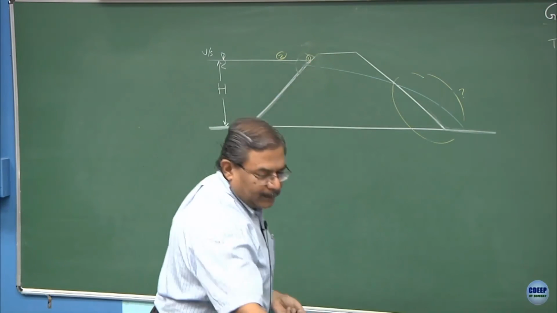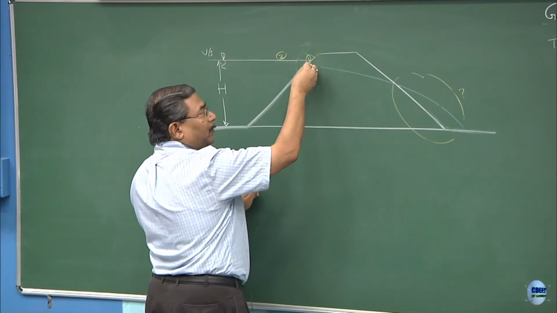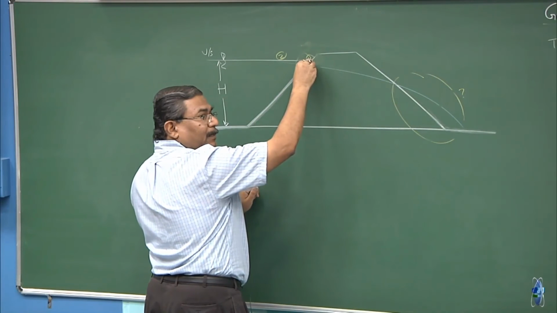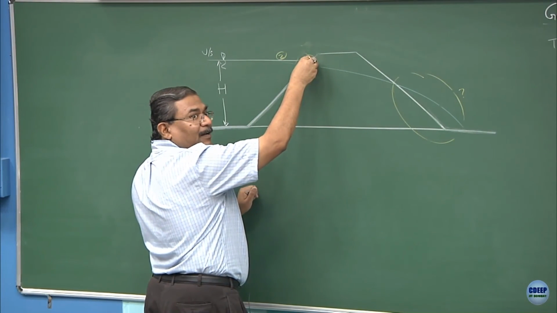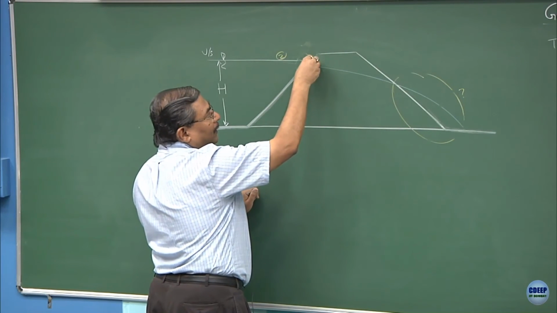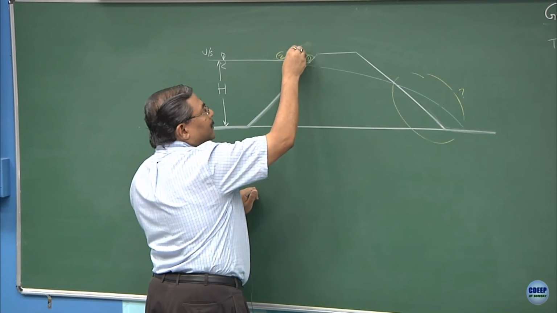As you rightly said, the flow line is going to be perpendicular to the equipotential and not starting from this point where the water is matching with the body of the dam. It will be at a certain distance x.